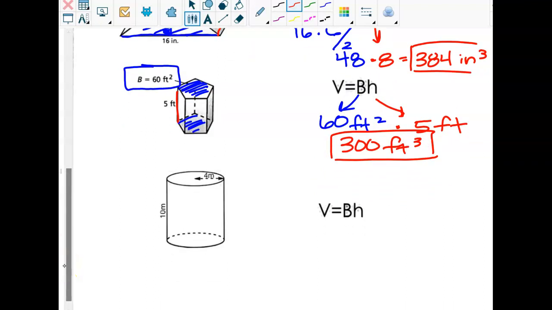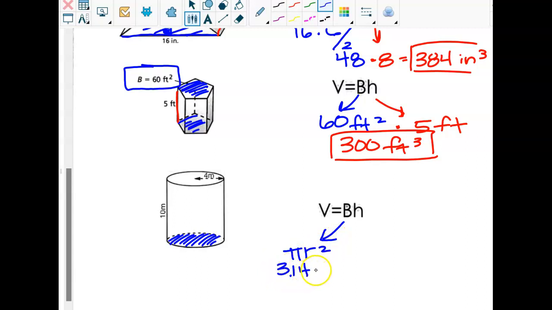Okay. Last one, I would like you to pause the video and see if you can find the volume of this cylinder. Okay, for the cylinder, you would have done area of the base. This time the base is a circle, so that's pi times radius squared.